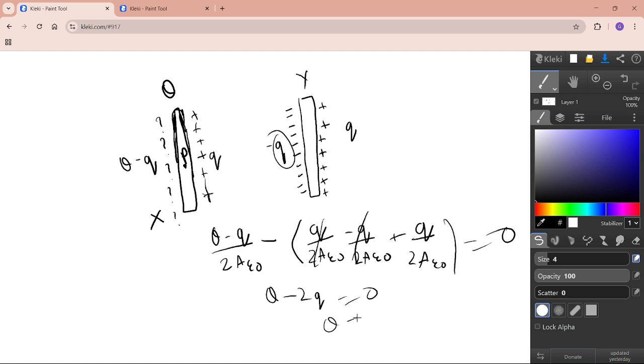So Q is equal to 2Q, or Q is equal to Q by 2. They've asked for the surface charge density at the inner surface of plate X, where A is the surface area. So the charge here is Q by 2.